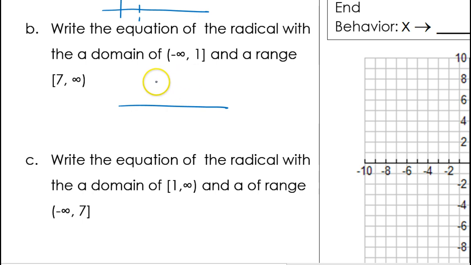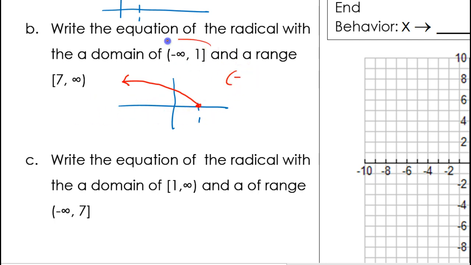If I want the domain to be negative infinity to 1, okay, let's say this is 1 right here. That would happen if the graph were curving to the left instead of curving to the right. So now the domain would be negative infinity to 1.